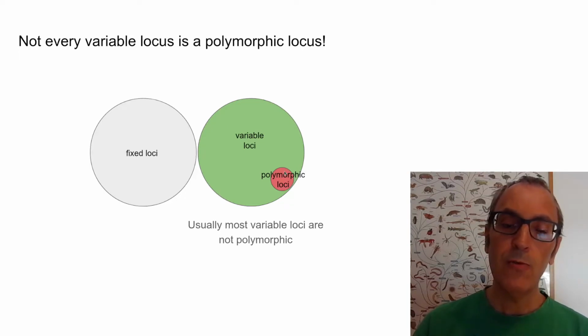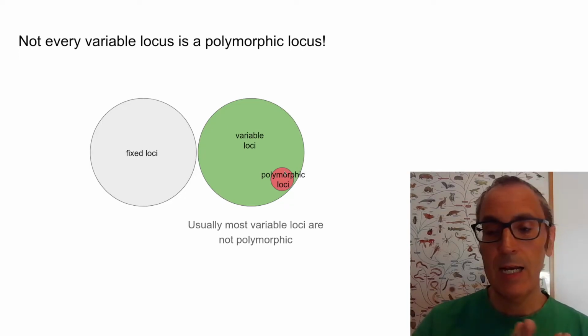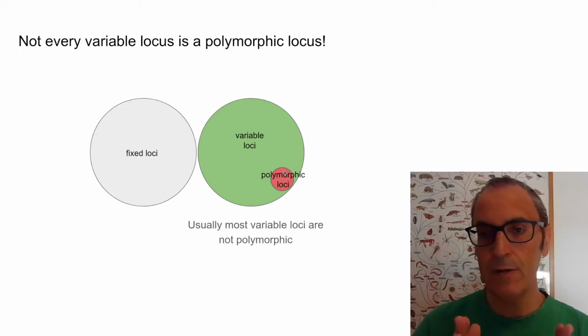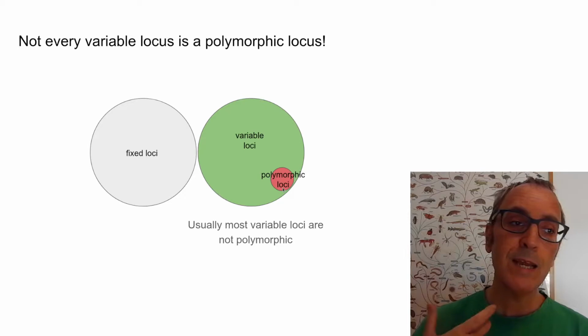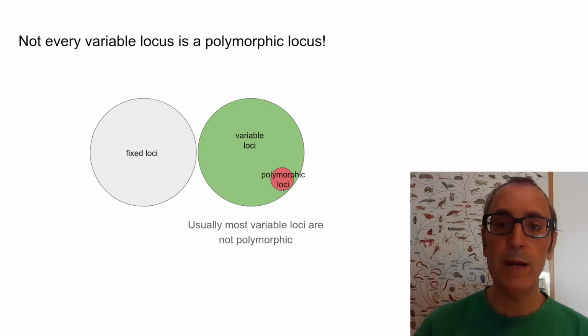The ones in which the minor allele has enough frequency. It's not close to being fixed, because most of the variable loci we have seen are close to being fixed, but the polymorphic loci have more of the minor allele.